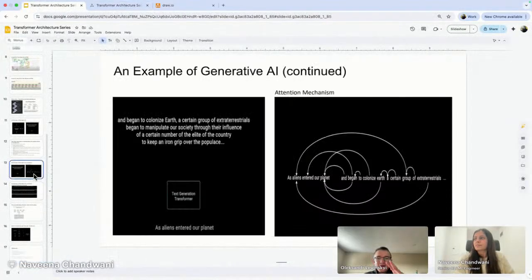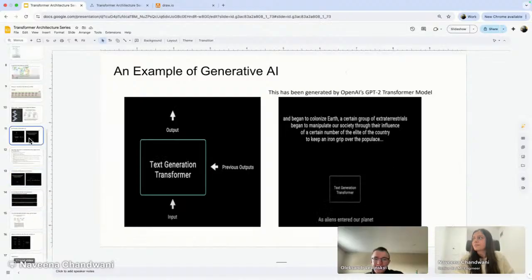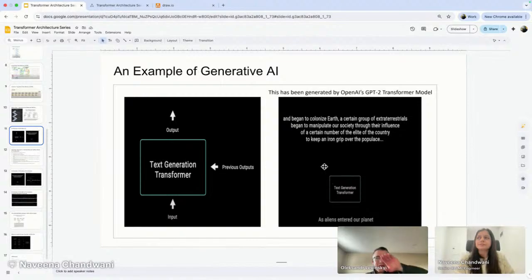For example, if you take a sentence, like here, aliens entered our planet, if we could quickly go over this again, kind of what the encoder and decoder are supposed to do. Yes, for sure.